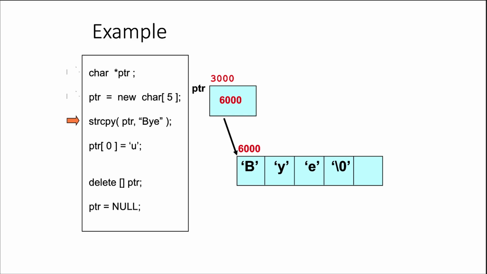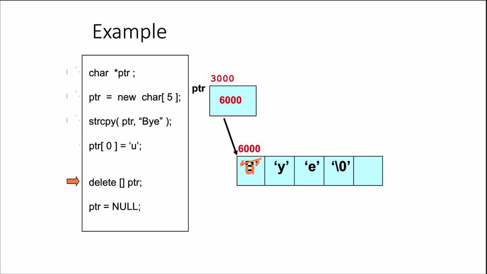Then PTR of 0 equal to U. So now B will get replaced by U. Getting it? I'm trying to show you how you can access the individual locations and what is happening internally, so that students who are not familiar with this will also be following it very easily.